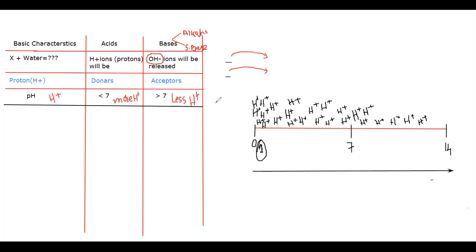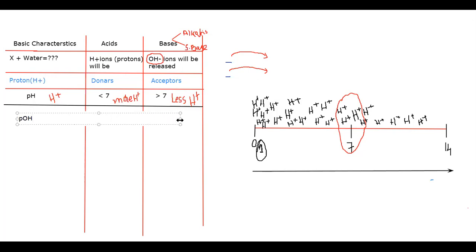But you may ask, sir, what about 7? At that same point, we can also say another scale. After pH, we also introduced another scale which is called pOH. What's the meaning of pOH? The potential of hydroxide ion.